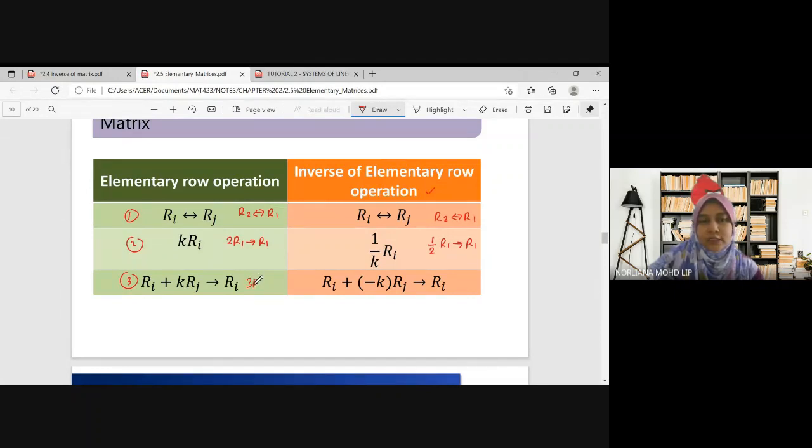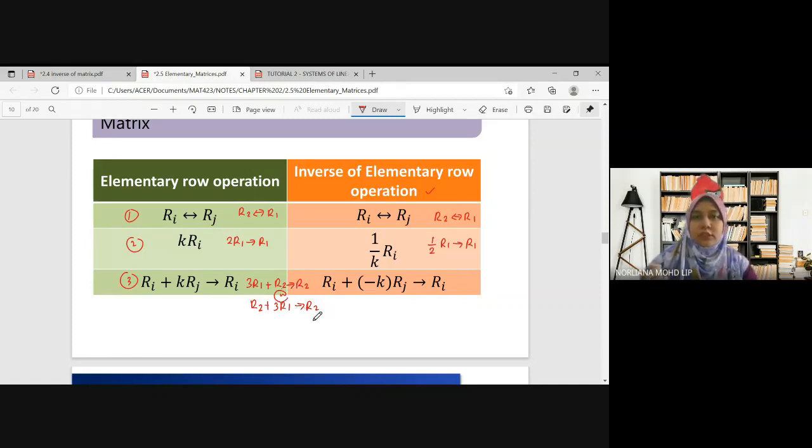Contohlah 3 row 1 plus row 2 transform into row 2. Ataupun kalau daripada segi penulisan yang dia buat kat sini, dia melibatkan ni lah kan, row 2 plus 3 row 1. Transform into row 2 kan. Ataupun yang ni.